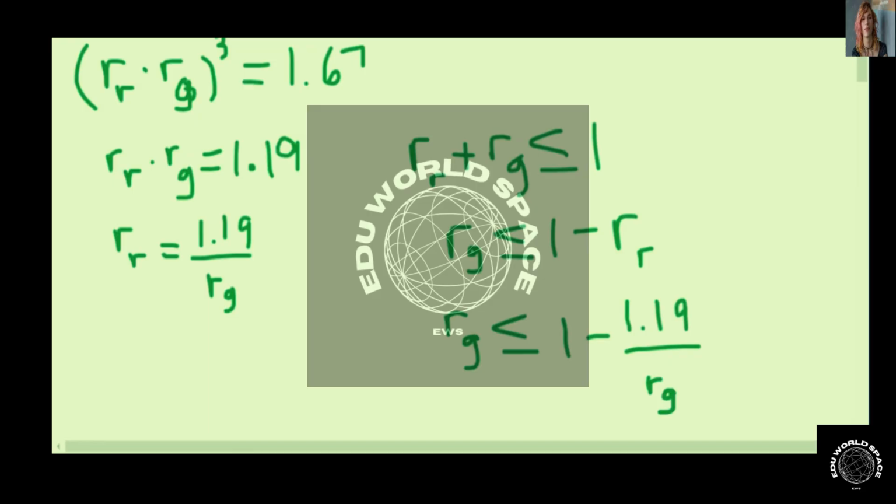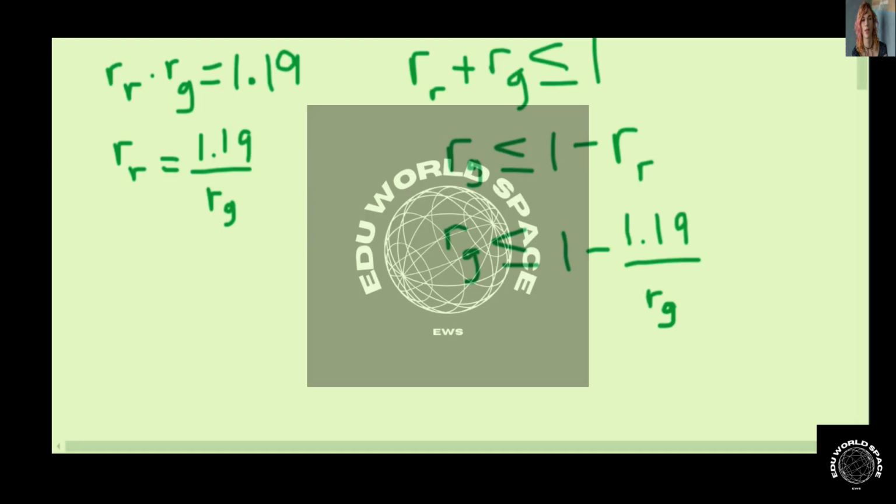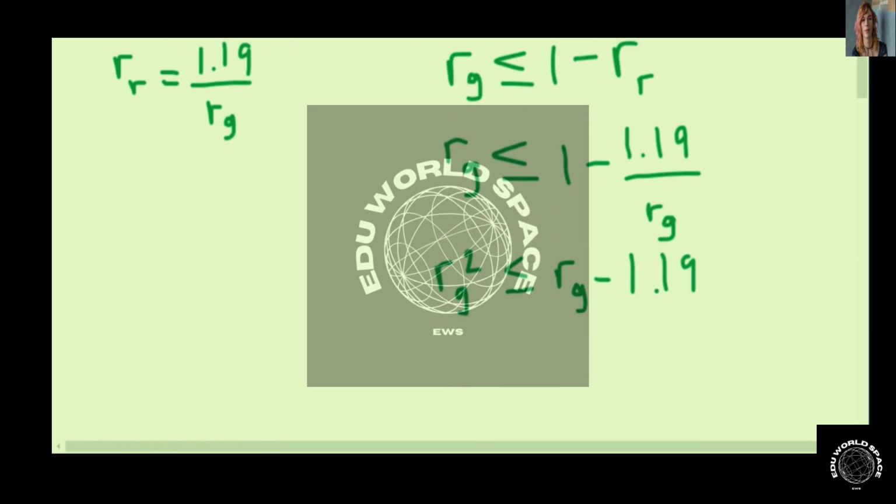Now we know that R g is a positive number. So if I multiply everything by R g, I get R g squared is less than or equal to R g minus 1.19. And so moving everything to the left side, R g squared minus R g plus 1.19 must be less than or equal to 0.